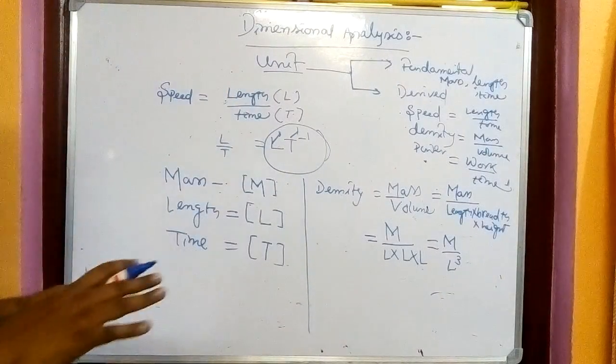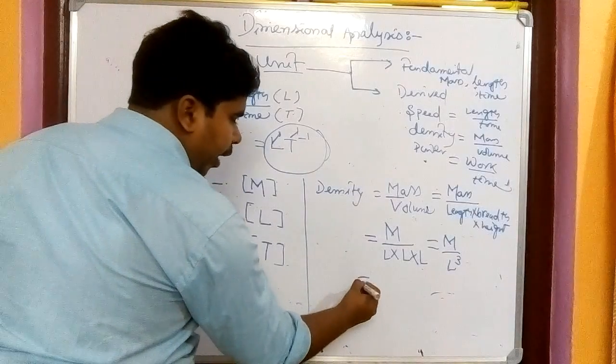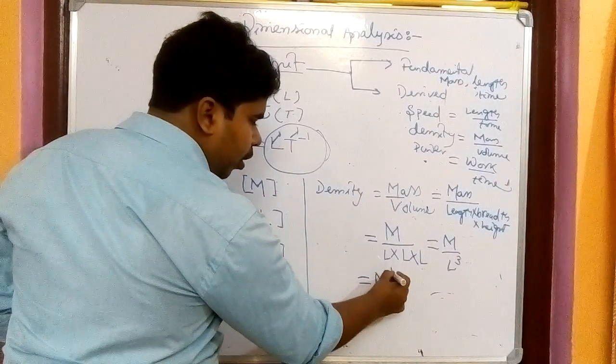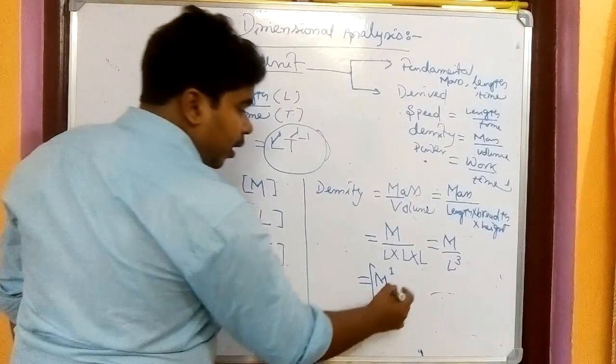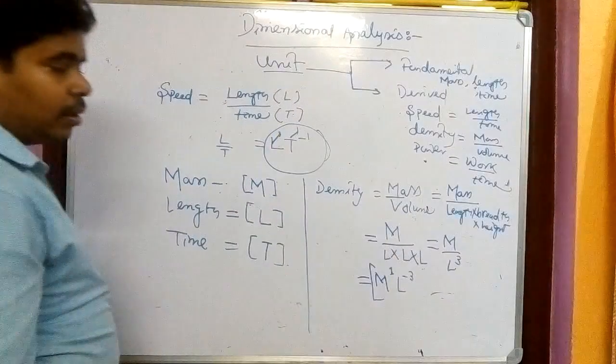See here, no T is there, but whenever we have to write it, we have to write it this way: M to the power 1 inside the third bracket. L to the power 3 in the denominator means L to the power minus 3.